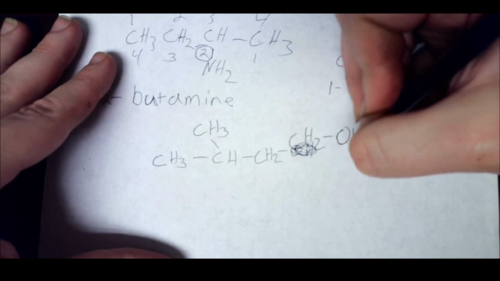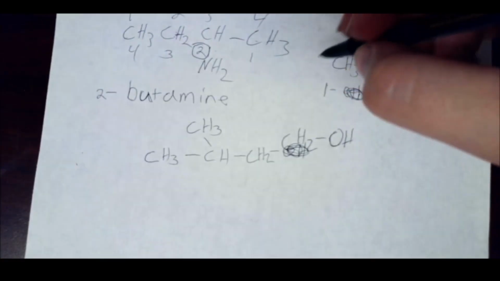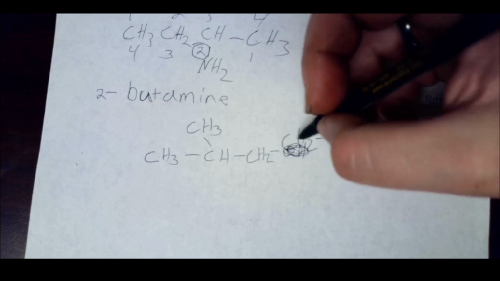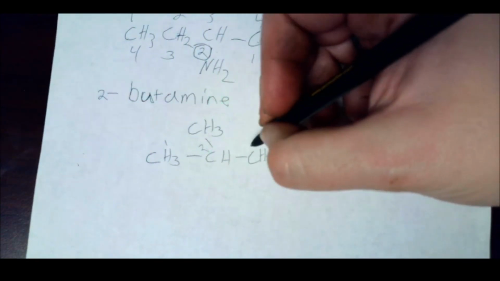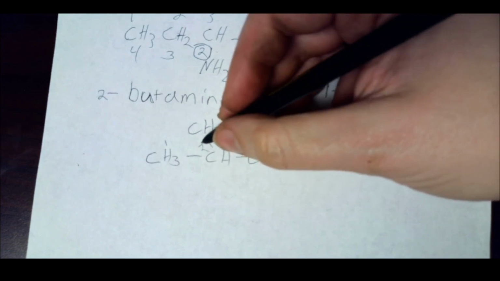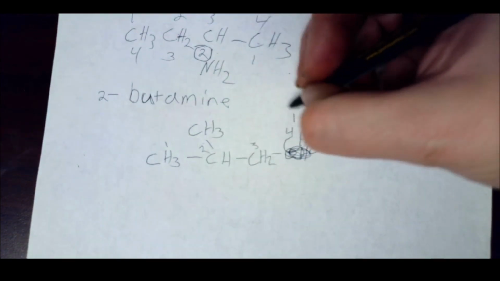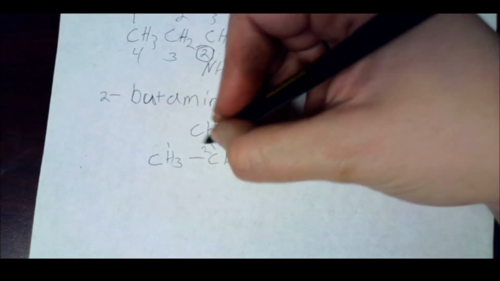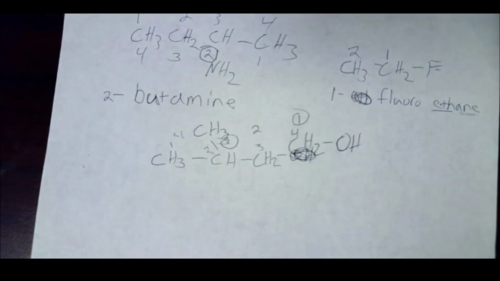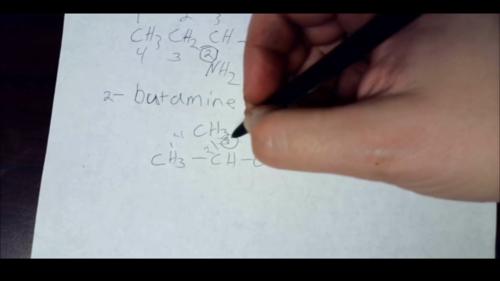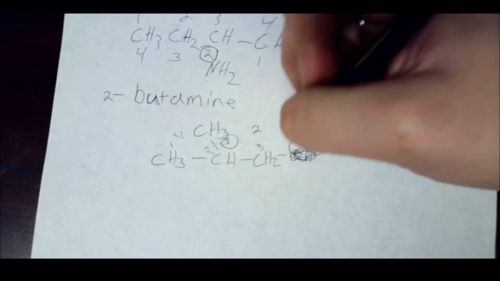There we go, 5 carbons. Gotta learn to count. So I could count 1, 2, 3, 4 and give it 2 and 4, or I could count 1, 2, 3, 4 and give it 1 and 3. In this case, 1 and 3 is smaller than 2 and 4.